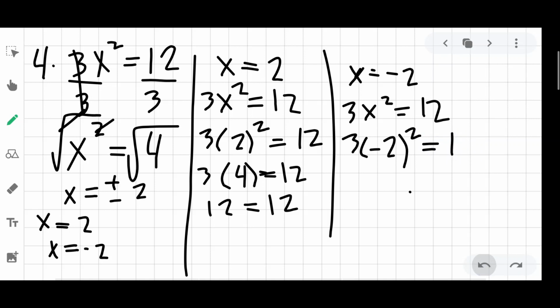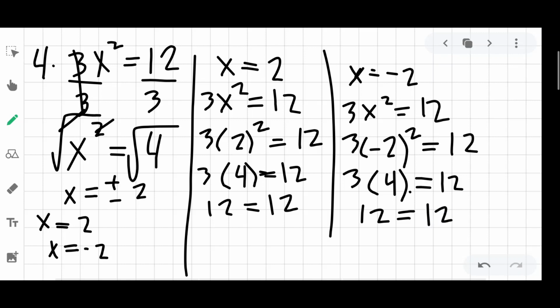Bring down 3. Negative 2 times negative 2, the answer is positive 4. Bring down equals 12. 3 times 4 is equals to 12. Equal 12. So, correct.